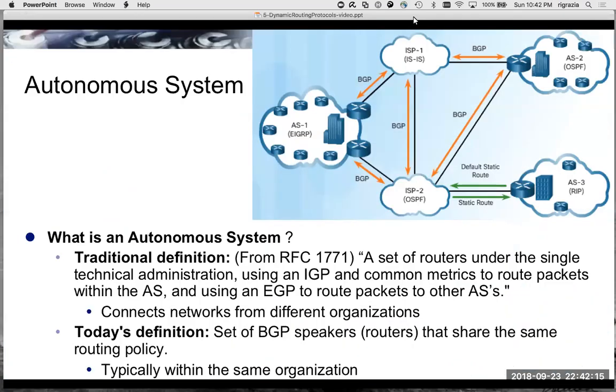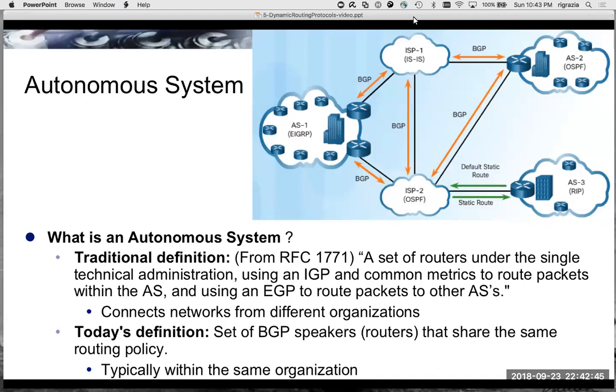Okay, an autonomous system. The traditional definition from the RFC is a set of routers under a single technical administration using an IGP like OSPF or EIGRP, and common metrics to route packets within that autonomous system. And then they use an EGP, Border Gateway Protocol, to route packets to other ASs. Basically connecting different organizations.